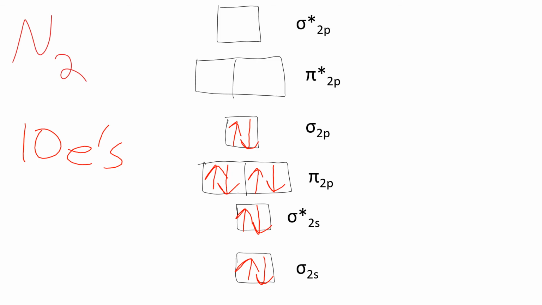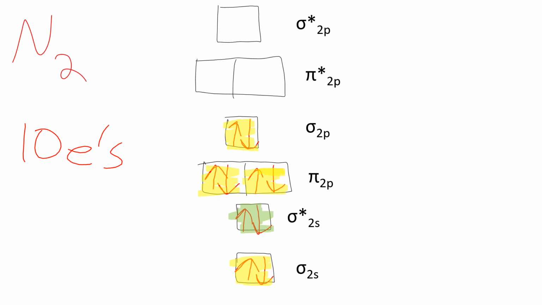Now, to figure out our bond order, we would compare our bonding electrons to our anti-bonding electrons. So highlighting our bonding electrons in yellow, the sigma 2s are bonding. These pi 2p's are also bonding. And now the sigma 2p is also bonding. Then if we highlight our anti-bonding orbitals in green, the sigma star 2s are anti-bonding orbitals.